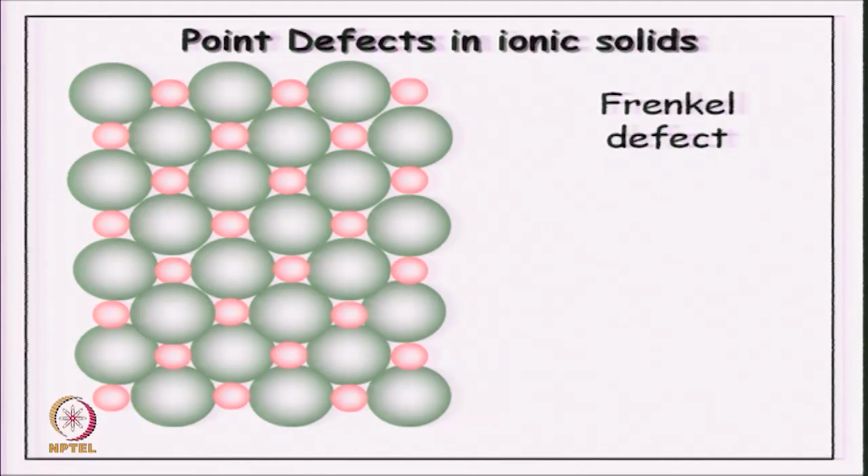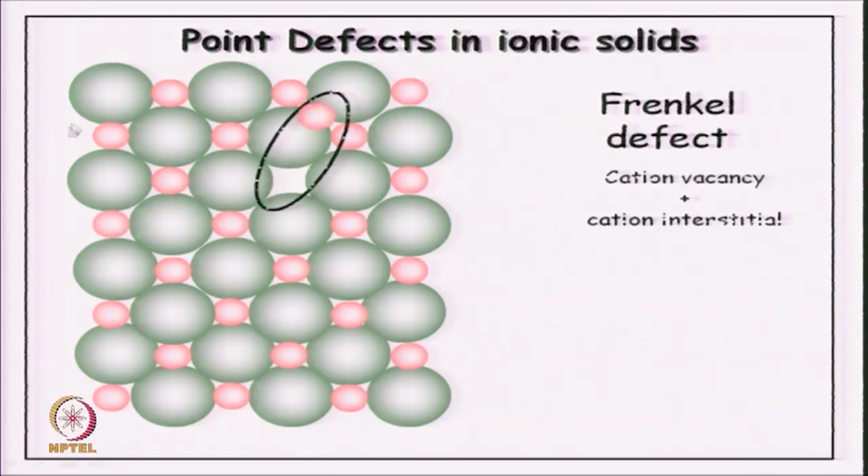For example, there is one called the Frenkel defect. This defect is created if a cation is moved from its normal location to some other interstitial site in the crystal. So, you actually have a pair of defects together: a cation vacancy as well as a cation interstitial.